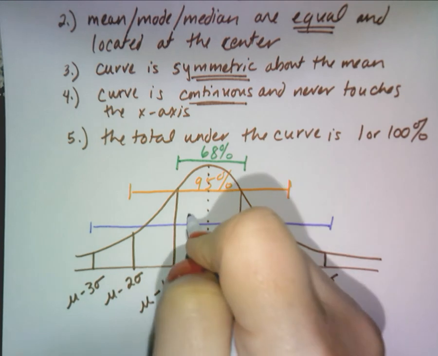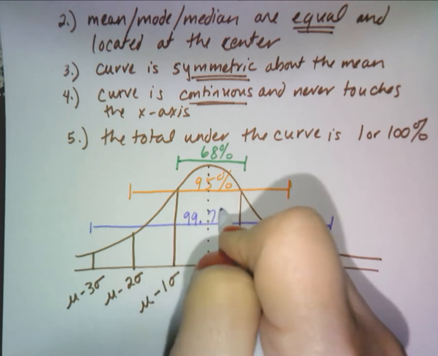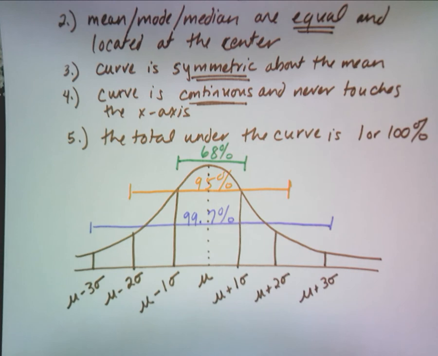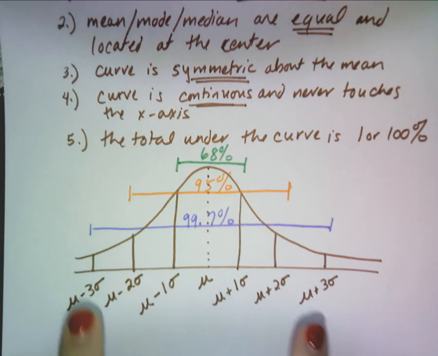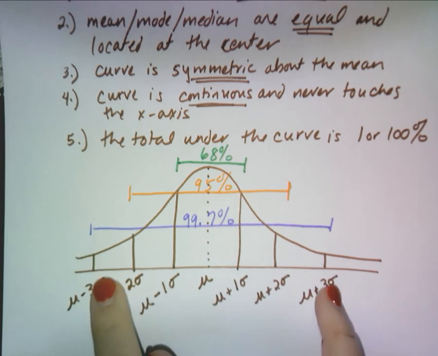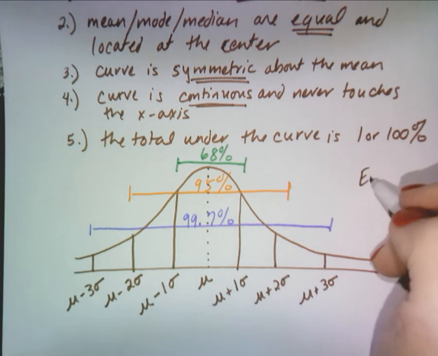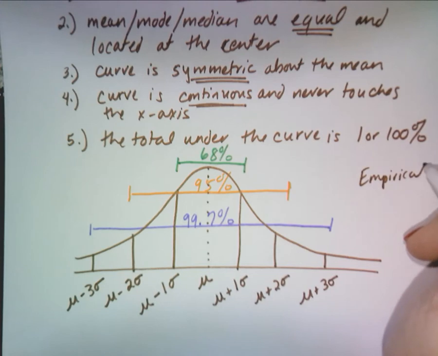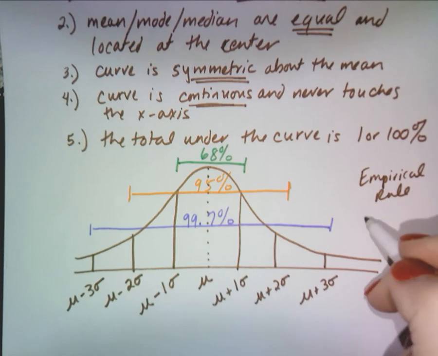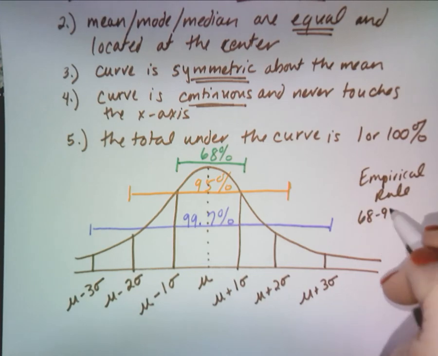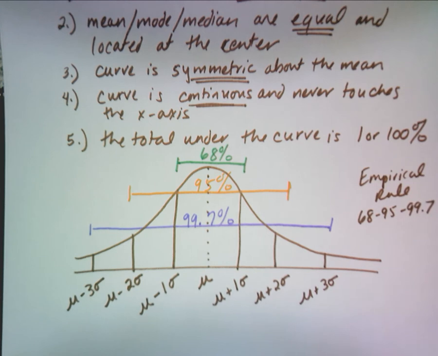You're actually at 99.7%. You have covered 99.7% of your data by just being 3 standard deviations from the mean. This is known as the empirical rule. Some books actually call it the 68, 95, 99.7 rule. That's another title that they give it, the empirical rule. I know, right? Very brilliant of them.